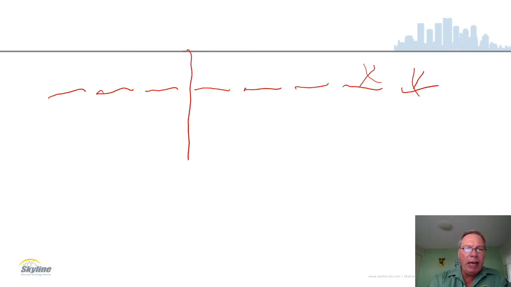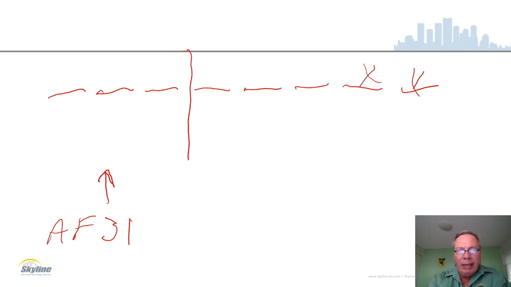So what we're going to say is, if somebody says AF31, what do the bits look like? Well, remember, the left side of the equation has to look like 3. The right side has to look like a 1, but just in the first 2 bits. So that means that basically it's mandatory that that bit is a 0.